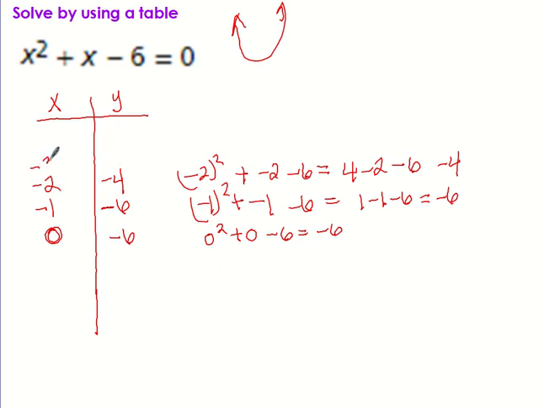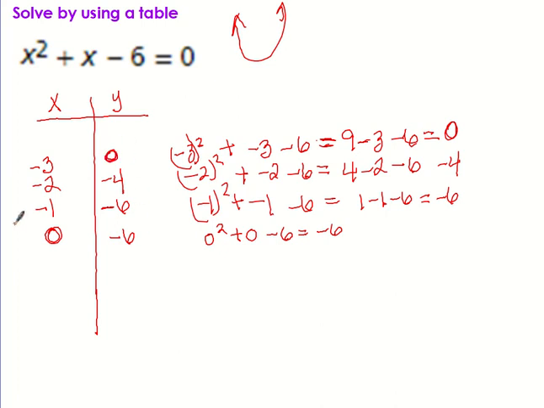So -3. -3 squared. So you can see this is kind of a process. -3 squared minus 3 minus 6 equals 9 minus 3 minus 6, which is 0. All right, so I found one of my zeros.